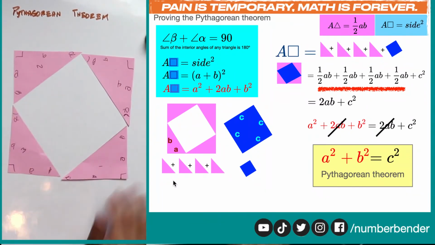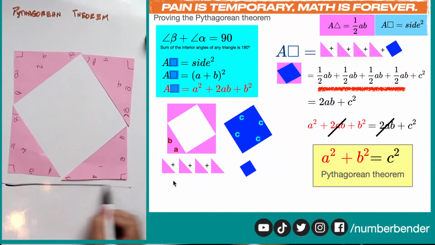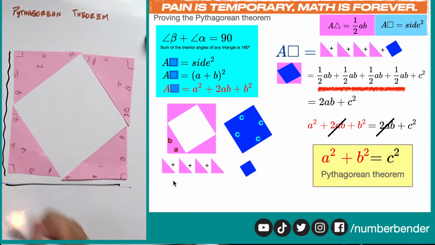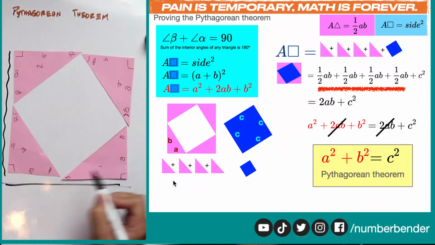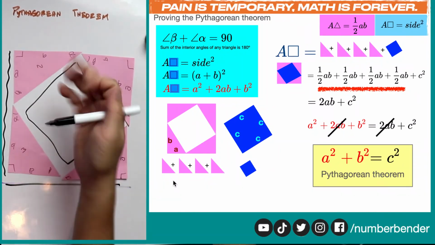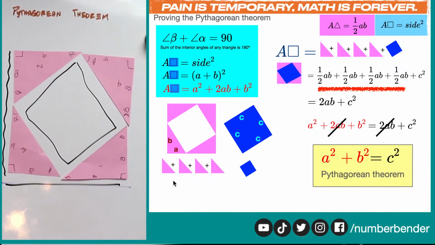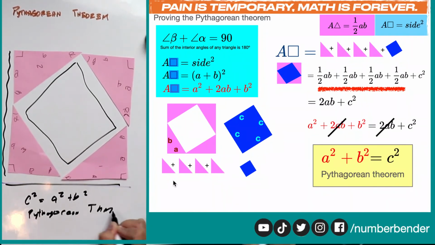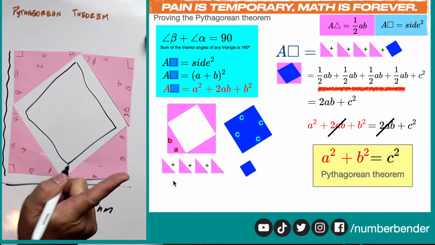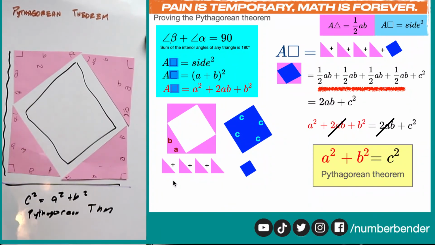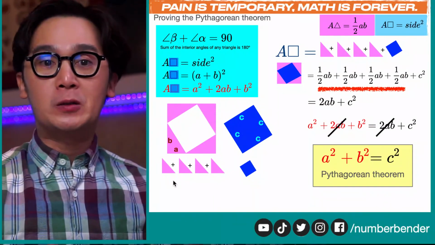And from this square, we're able to find the area of the outer square and the area of the sum of the 5 geometric figures. That's why we're able to come up with c squared is equal to a squared plus b squared, which is the Pythagorean theorem, which is what you are seeing on our screen right now. So this is how we are able to prove the Pythagorean theorem.